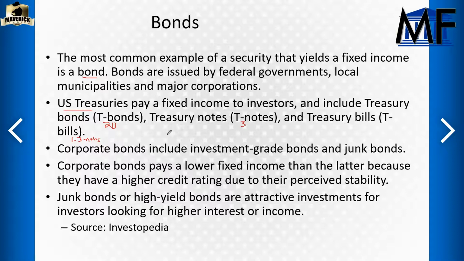Of course, one would anticipate that the 20-year bond would pay you more in regular interest payments than a 1 to 3 month T-bill. That would be anticipated, but there's something called the yield curve. The yield curve is basically the difference between what a short-term asset is yielding and a long-term asset.